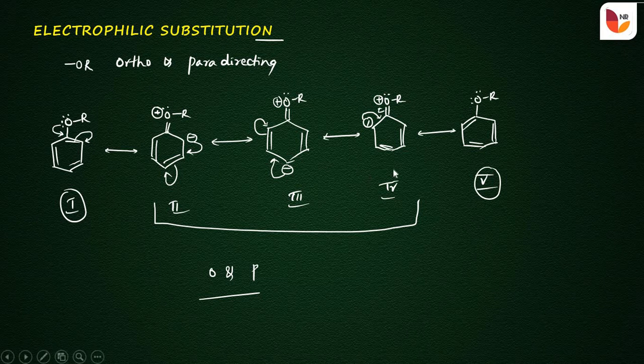So let us see the chemical reactions, that is, the electrophilic substitution reactions of ethers. First one, halogenation, that is, ethers react with halogens. For example, let us take anisole, where R is a methyl group, a very important chemical reaction, that is OCH3, which is called anisole.